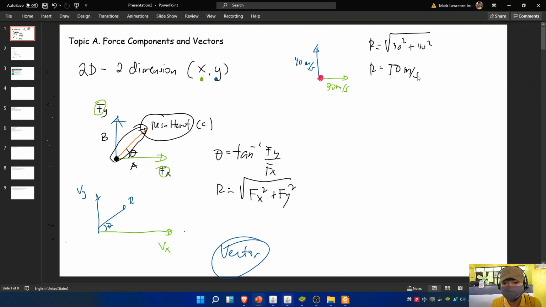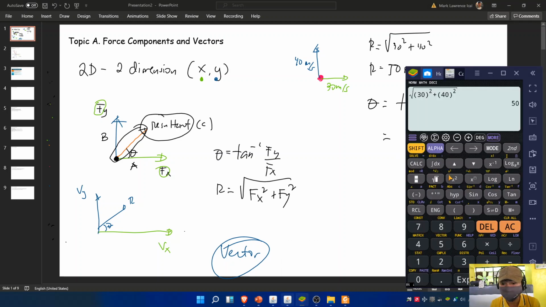Now, this is the magnitude, or this is the velocity of the particle. This is the movement of the particle. Now, the question is, what is the angle? So, what is the direction of the particle? Theta is equivalent to arctangent of 40 over 30. Okay? So, shift tangent 40 over 30. Okay?